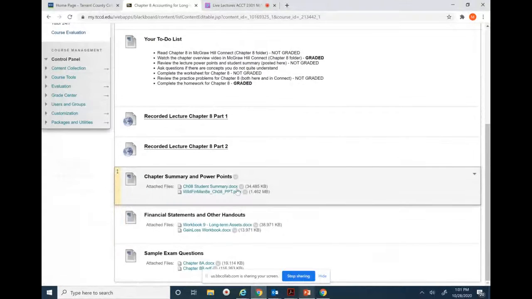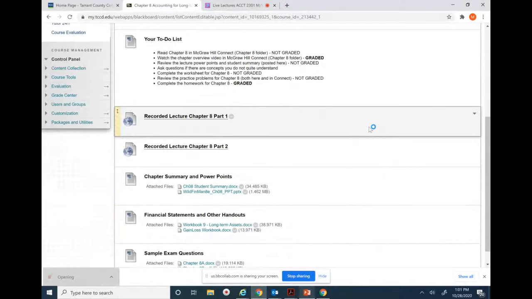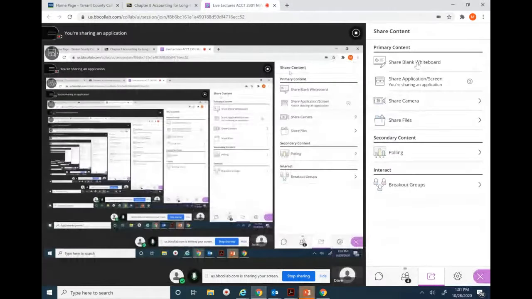problems. So the first thing that you guys need to be familiar and comfortable with when we're discussing long-term assets, you need to understand their classification. According to your book, according to everything that we've studied, long-term assets are classified as tangible assets and intangible assets.